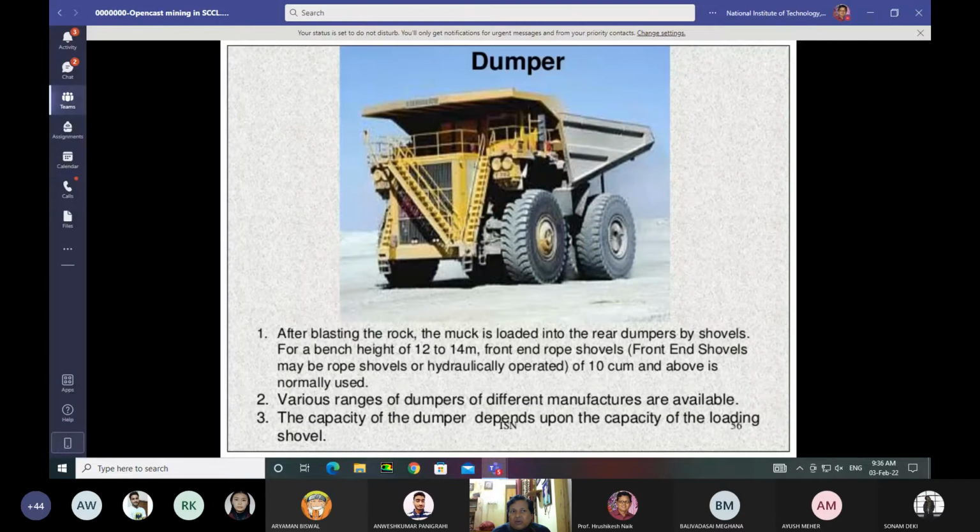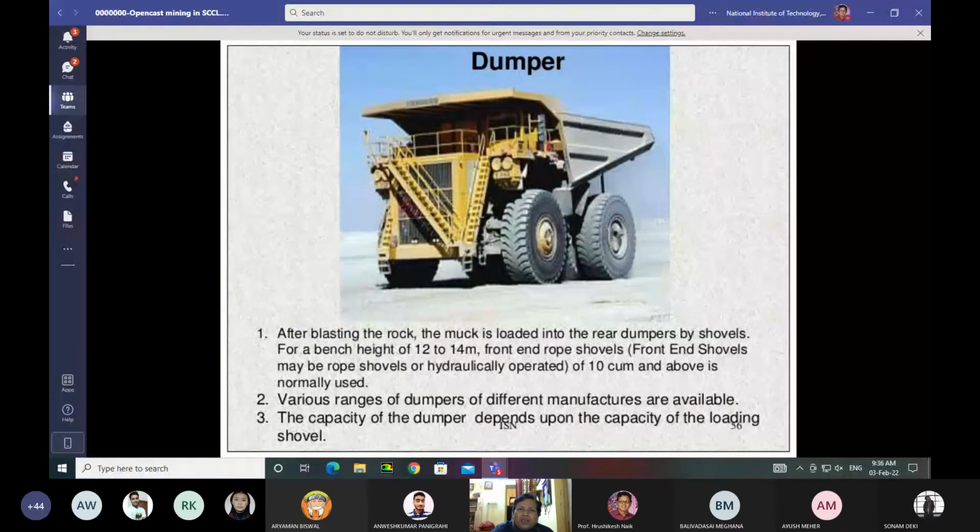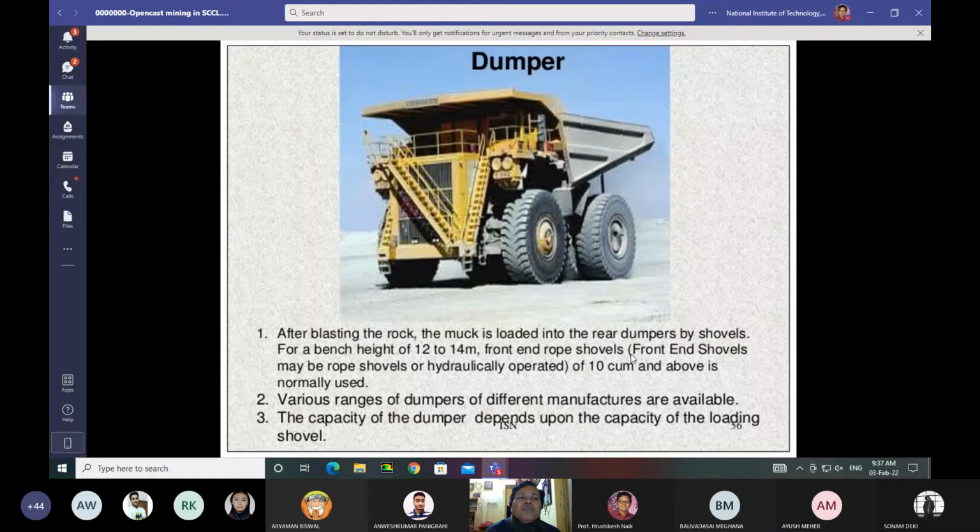After the material is blasted, the muck pile is loaded into the rear dumpers by the shovels. For a bench height of 12 to 14 meter, front end rope shovels or hydraulic operated shovels of 10 cubic meter and above are normally used.